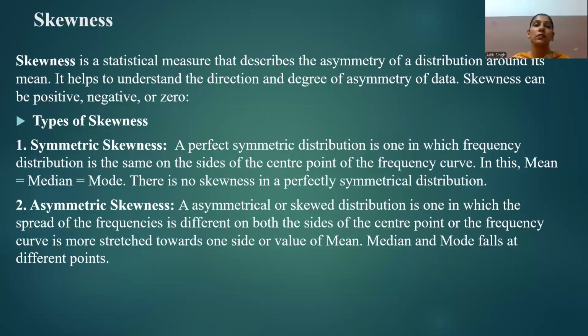So skewness is basically how much the data set deviates from a normal distribution. A large negative value in the data set means the distribution is negatively skewed, and a large positive value in the data set means the distribution is positively skewed.